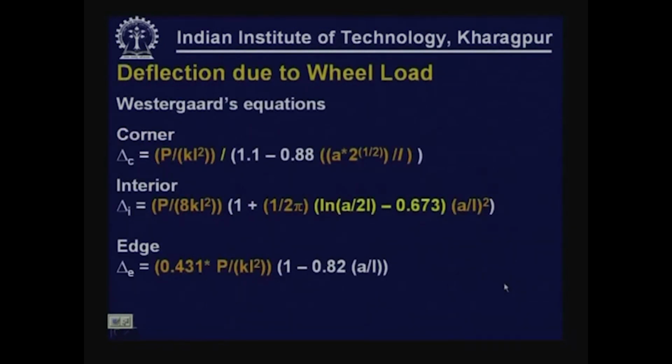We also have expressions for computing deflection due to wheel loads. Many times we are also concerned about the magnitude of the deflection, because this is very critical at locations where we have joints.